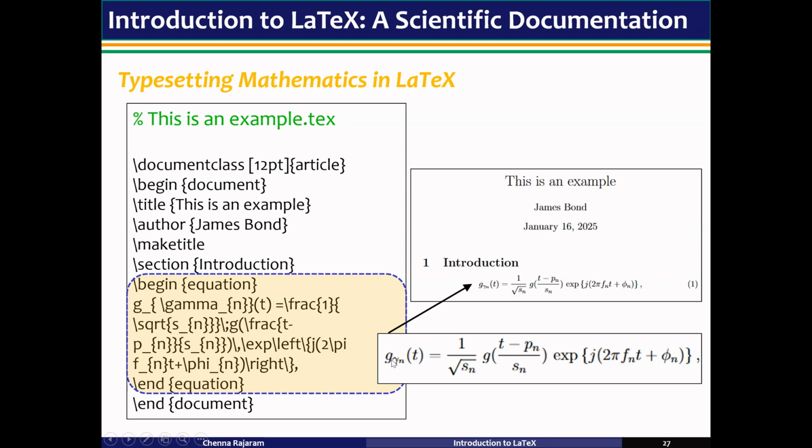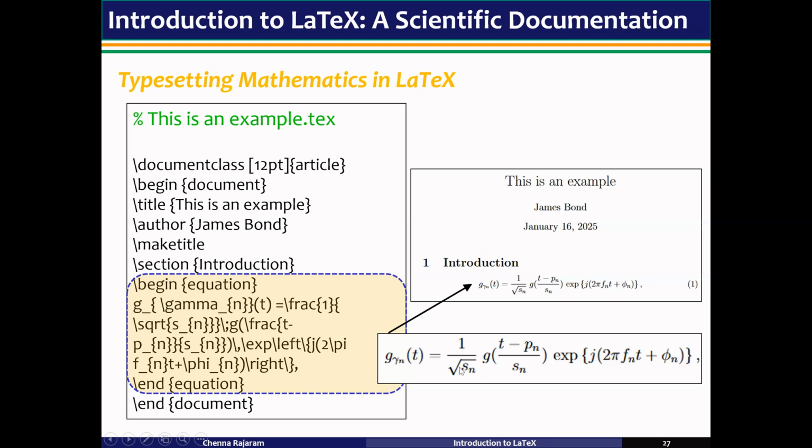So now here you see G subscript gamma n. So this gamma n is the subscript here. For that, you have to use underscore. Whenever you have to provide any letters as subscript, you have to give underscore. If any letter you have to provide as a superscript, you have to use the caret, then gamma n. So these two letters, gamma n, you have to provide in curly brackets, which is equal to 1 divided by the square root of Sn.